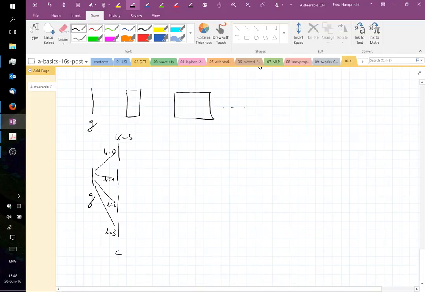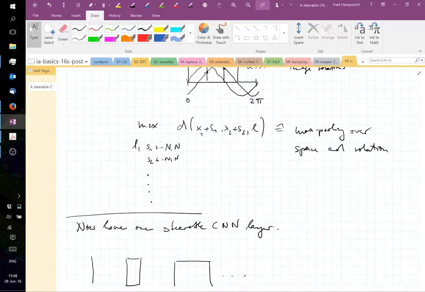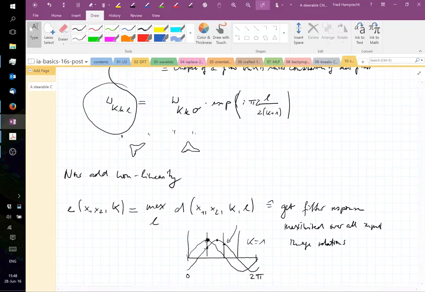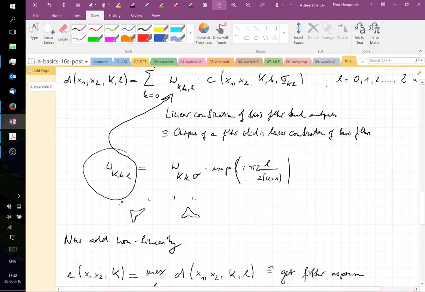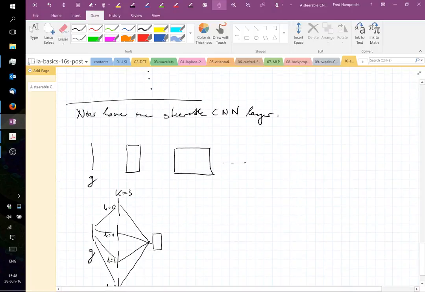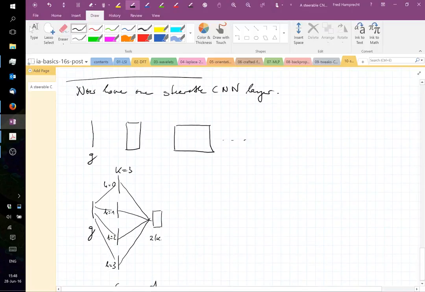So what I did so far was to combine these linearly to obtain a D, and now not just one D, but in fact 2k plus 1 of them, if I start counting at 0.